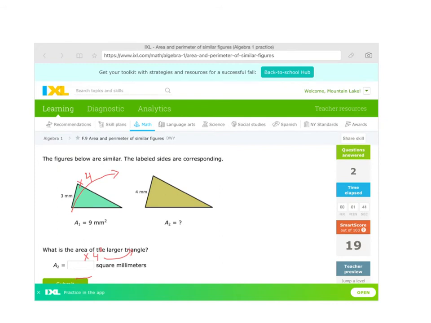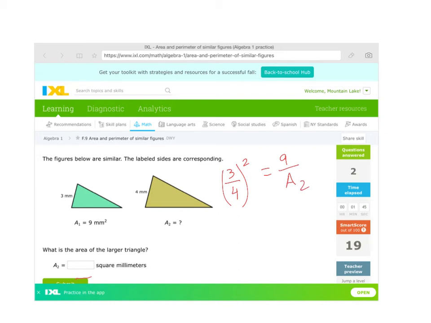All right, let's look at this one. Again, the question asks us to look at the area. So the ratio is 3:4. So let's put it that way, right? And then we'll square this ratio. And now the first area is 9, and the second one is what we want to find out.